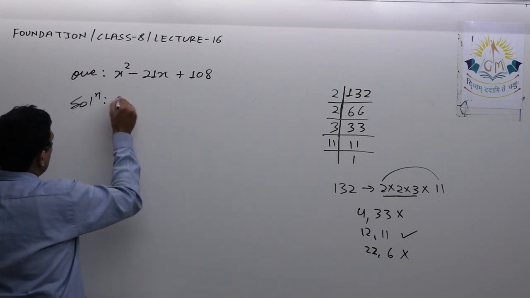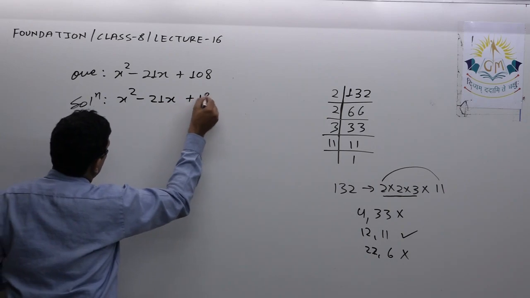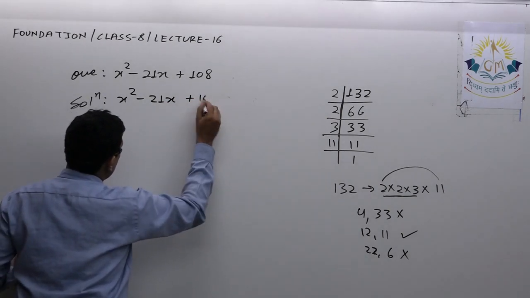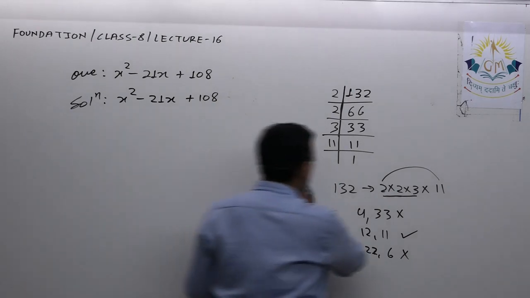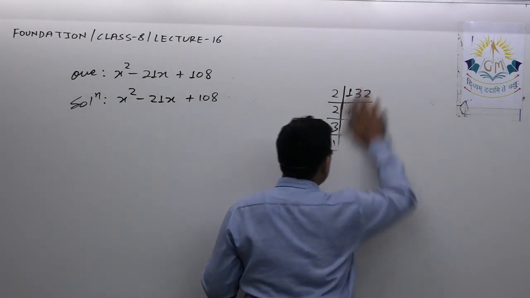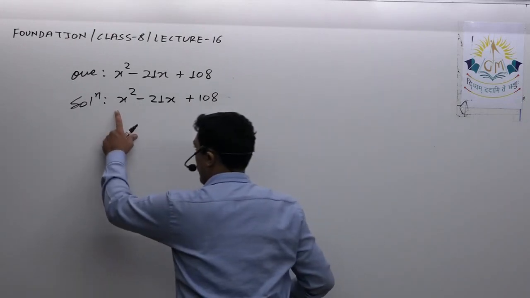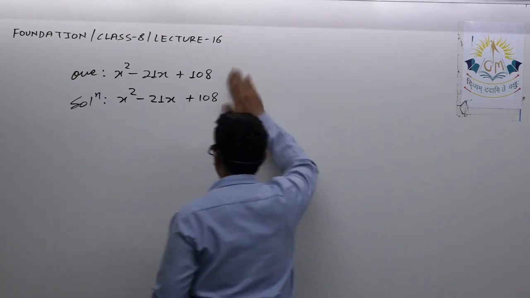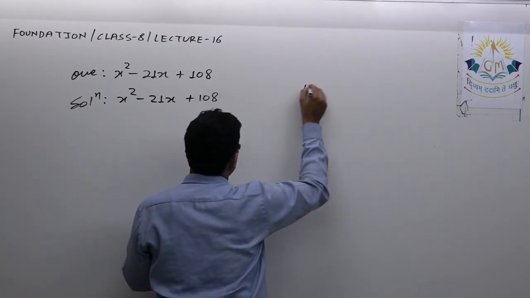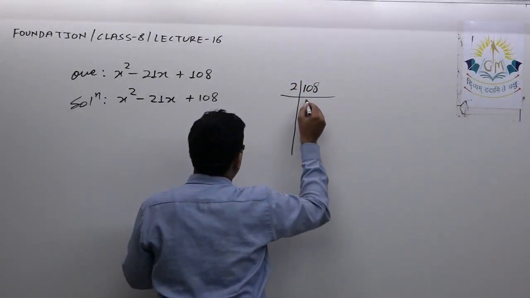So these two checks are okay. Now we'll proceed. To factorize it further, the first thing is that we multiply a by c, and as I told you, if the coefficient of x square is 1, which it is here, we just find the factors of the constant 108.